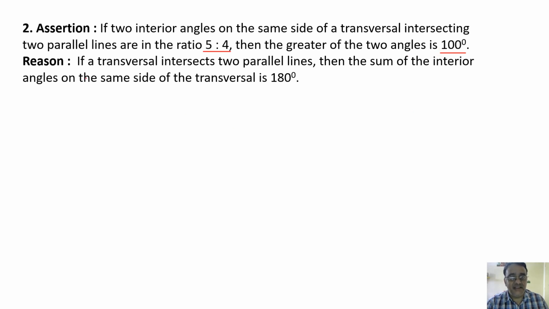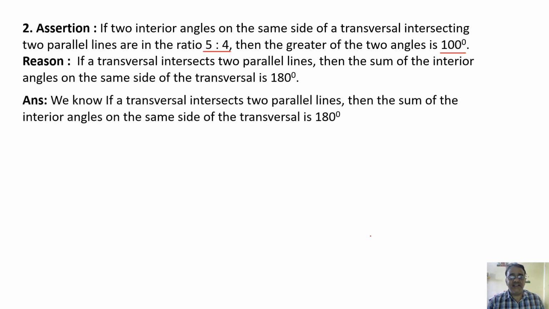Now the reason given: if a transversal intersects two parallel lines, then the sum of the interior angles on the same side of the transversal is 180 degree. So the reason statement is correct, because we know this property. So reason is correct, and we have to use the reason for the assertion, but we have to check whether assertion is correct or not.